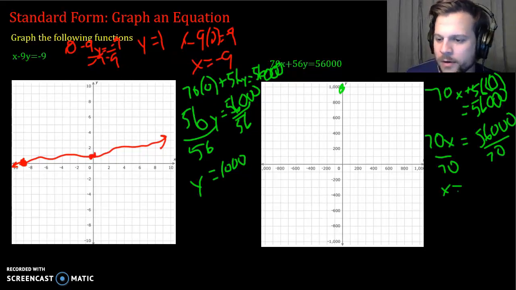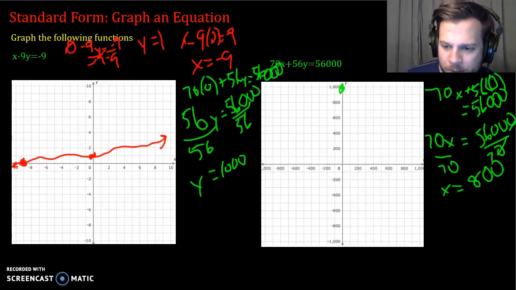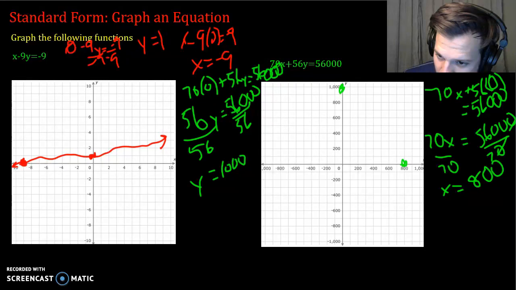When you type that in your calculator, the trailing zeros cancel, so all you have to do is 5,600 divided by 7, and you're left with 100. So that is your x-intercept. And again, take a straight line and connect those 2 points right there.